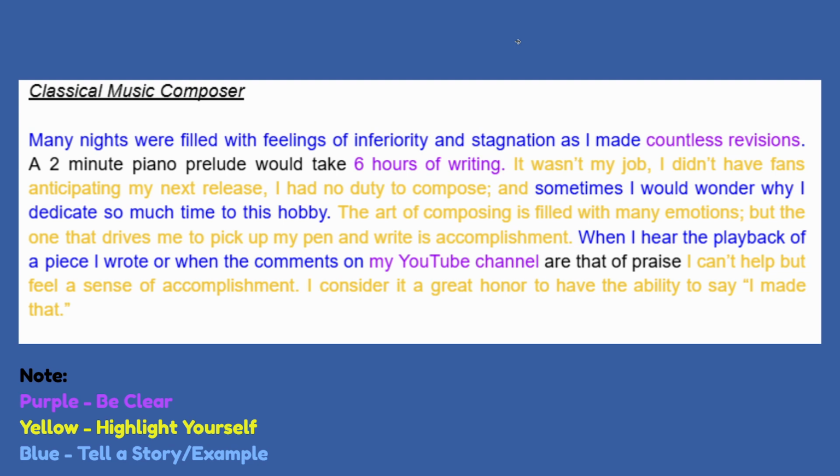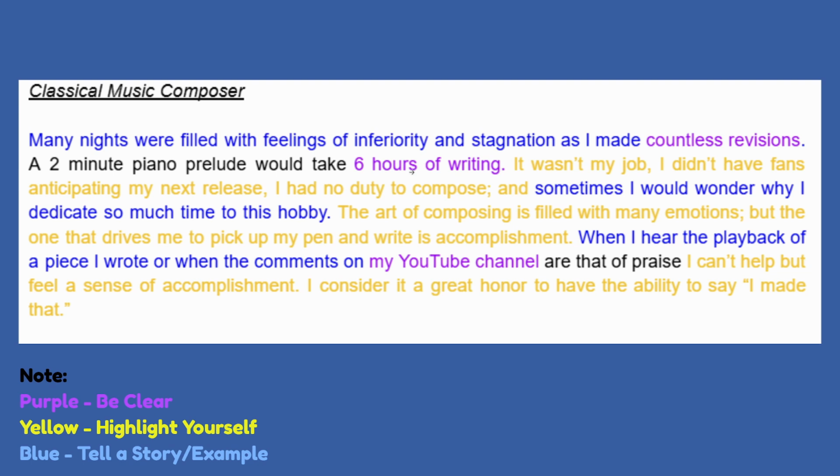And if you remember, a few examples ago, I talked about the importance of numbers and being able to quantify stuff when you can. So here is another instance. In the second line, I put a 2-minute piano prelude would take 6 hours of writing. I could have just said a short prelude takes hours to write. But by using quantitative language, I can now more clearly highlight the composing process.